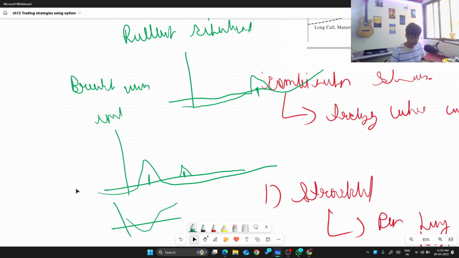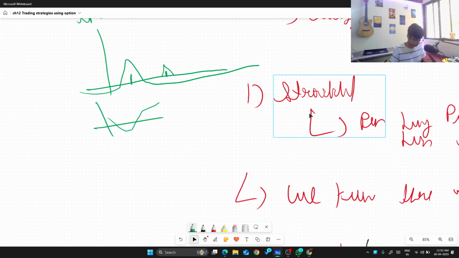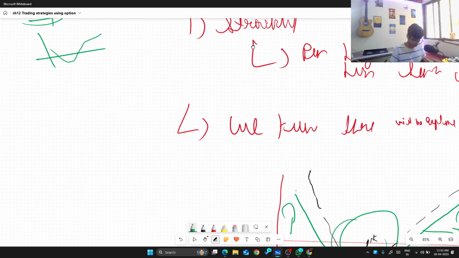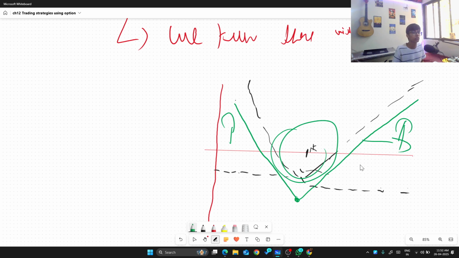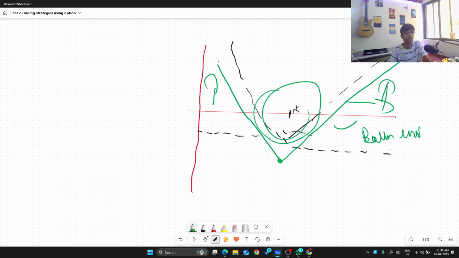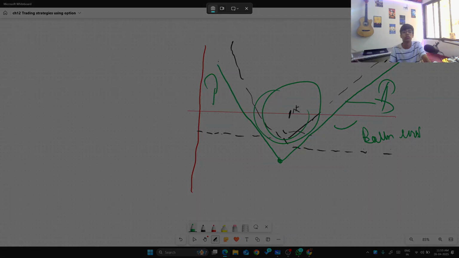And straddle, you understood the straddle. This is called a bottom straddle, and the payoff would be like this. Let me show you the straddle photo.